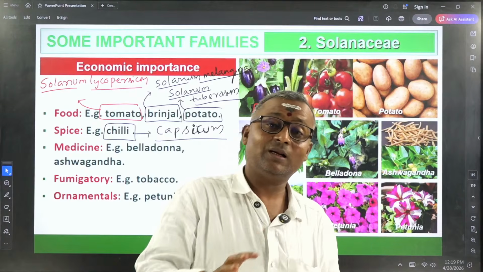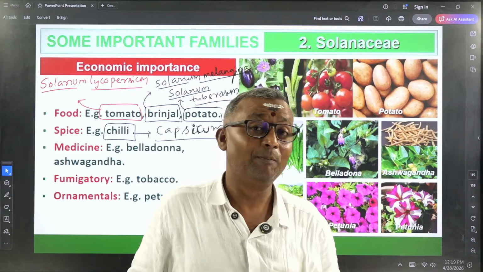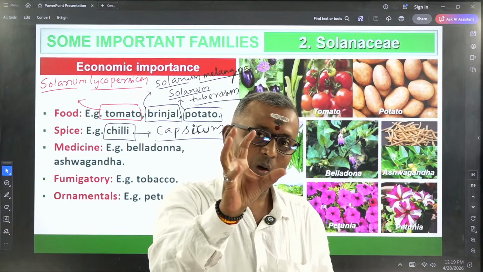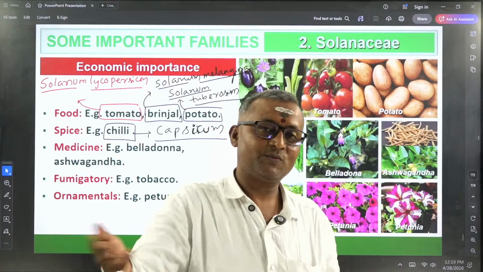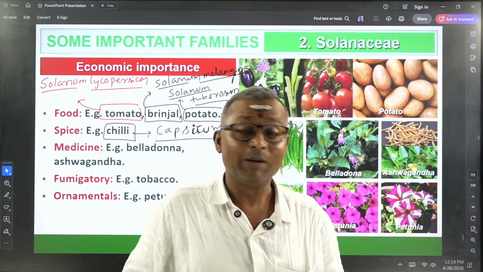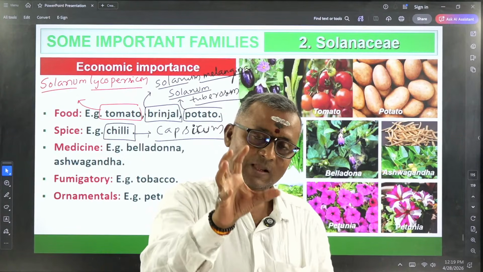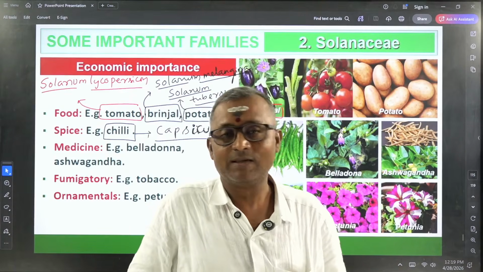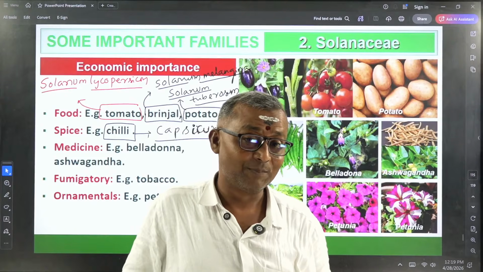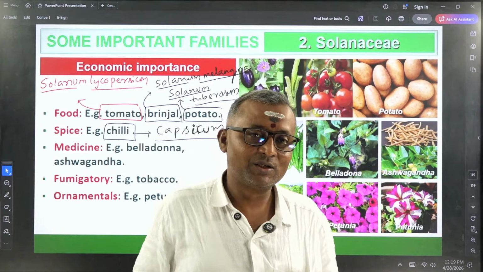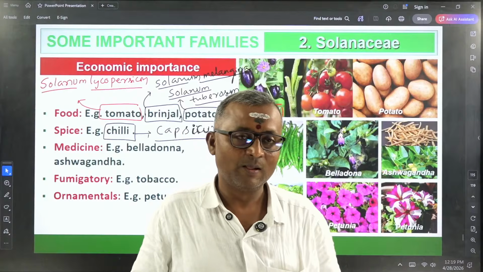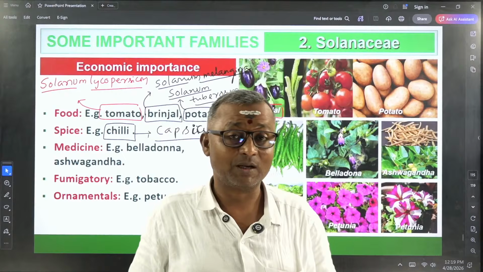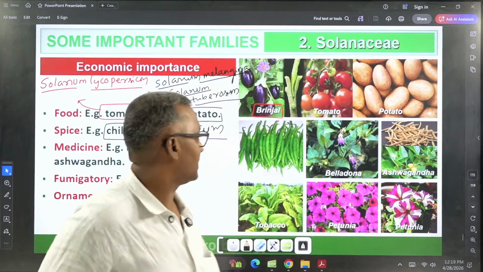There is also another Capsicum which is commonly called bell pepper. I think you are all well known about this bell pepper, the larger capsicum, which we used to call a hybrid capsicum, right? That bell pepper's botanical name is Capsicum frutescens. The red chili that we are using as a source of spice is Capsicum annuum. Is it clear?